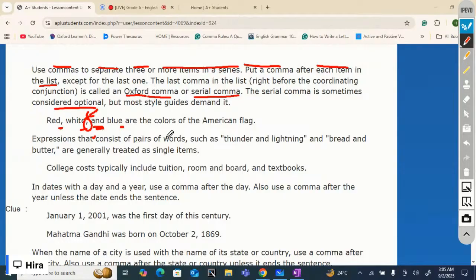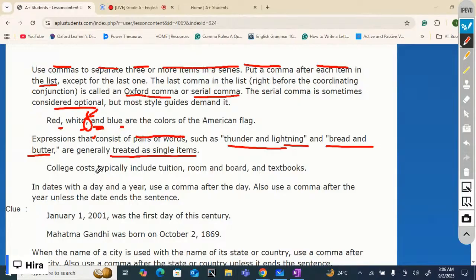Expressions that consist of pairs of words, such as thunder and lightning, bread and butter, are generally treated as single items in a series. So sometimes we use single items in a series which are pairs of words like these, and they will be considered a single item.